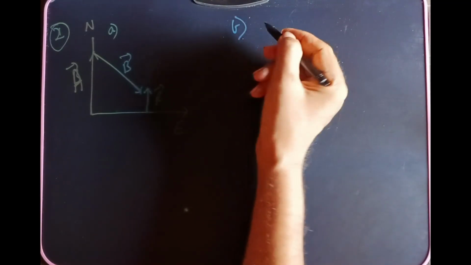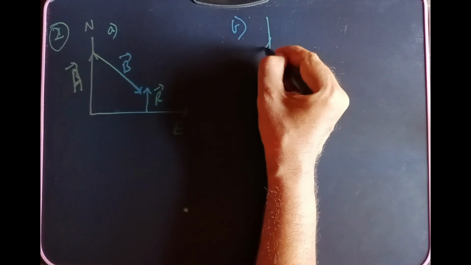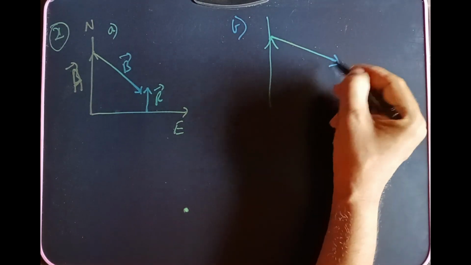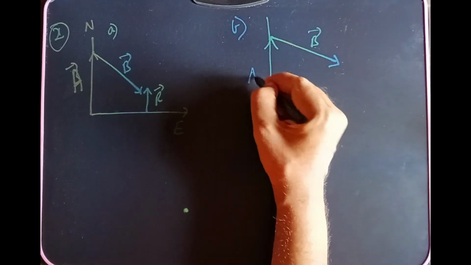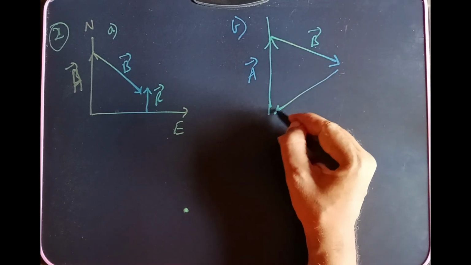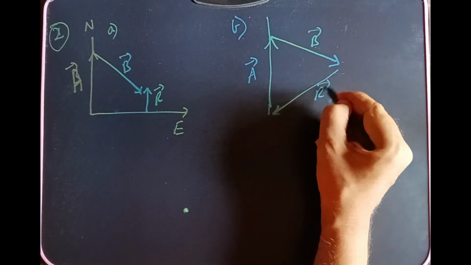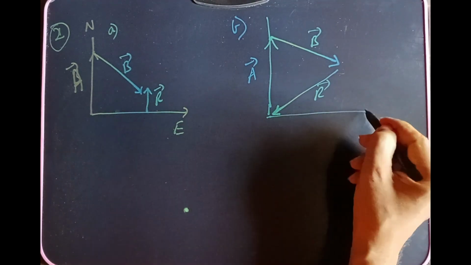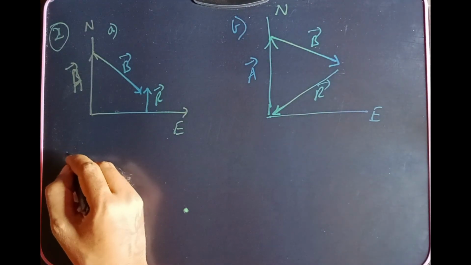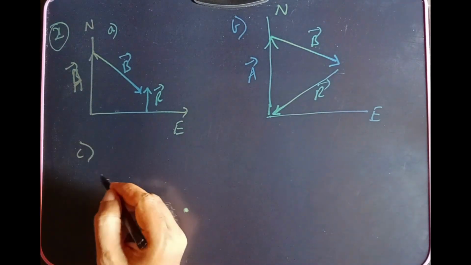Okay, this is diagram A. Diagram B is given: B vector, A vector, and the resultant. This is east and this is north. And case C is given.